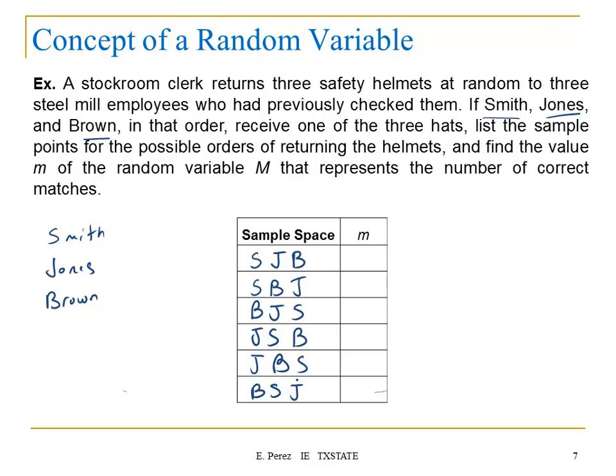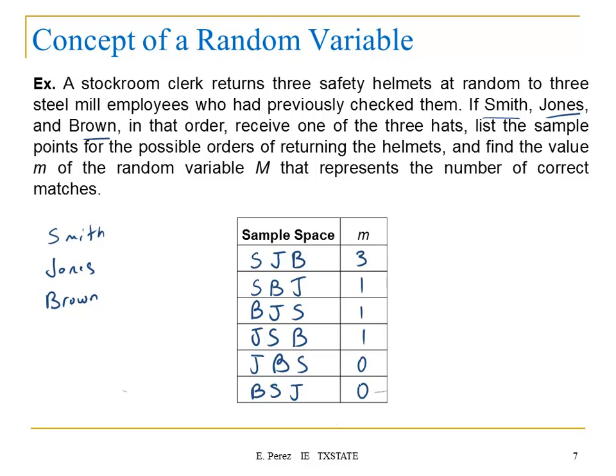So we know the original order. For that original order, we're going to have 3 matches. For the next one, how many? Only 1, right? S. For the next one, 1, which is J. For the next one, 1, and then 2 zeros. Okay? Very simple. Just assigning values to your outcomes in your sample space based on your random variable.